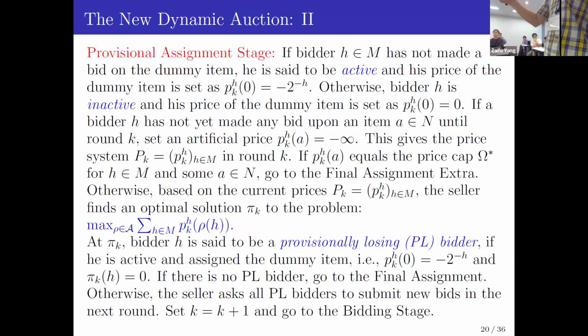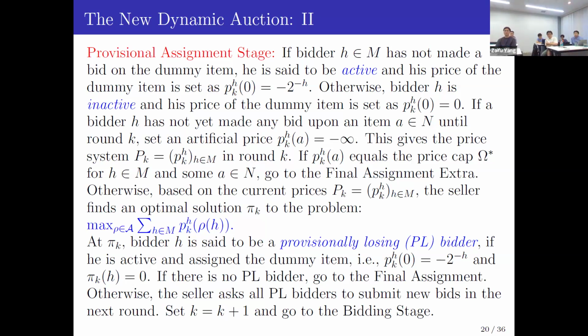However, my bids are not accepted by the seller, and so I'm temporarily assigned to the dummy item. That's because I can still make a positive surplus. Therefore, I still have an incentive to make a new bid.